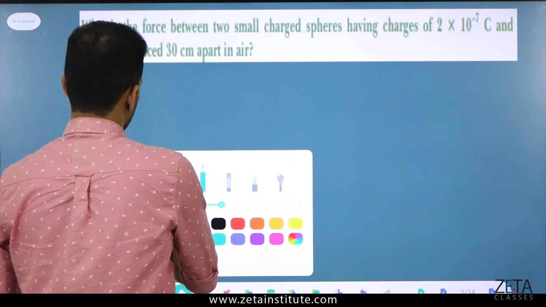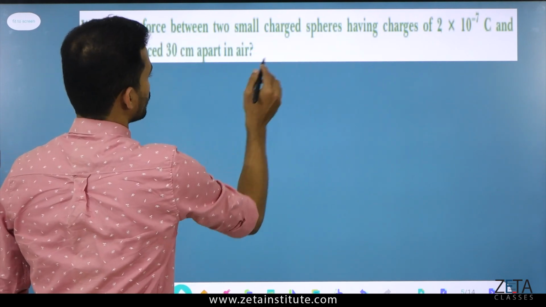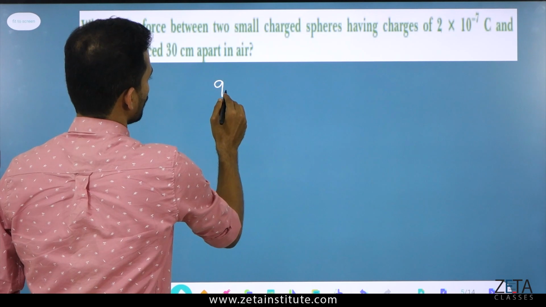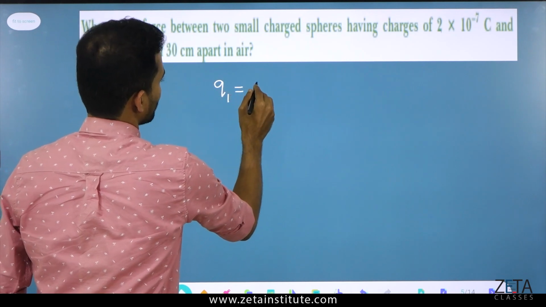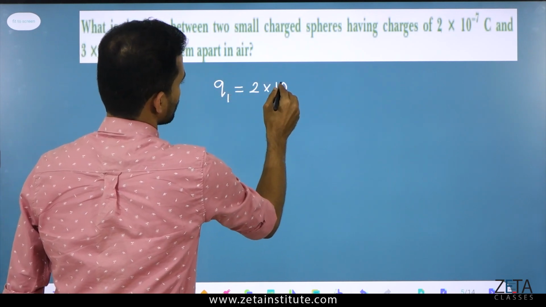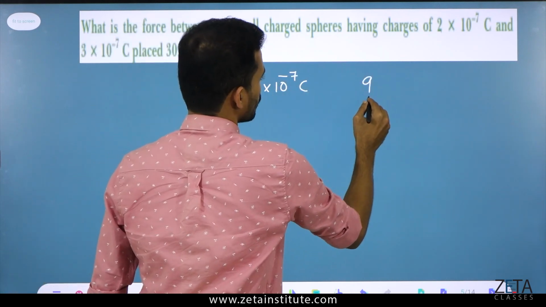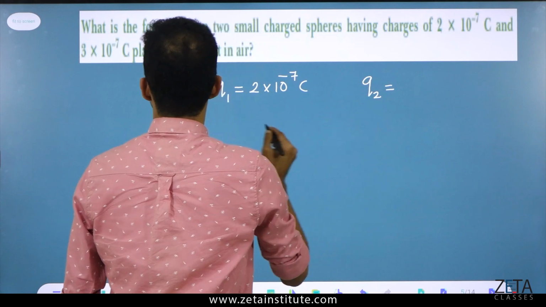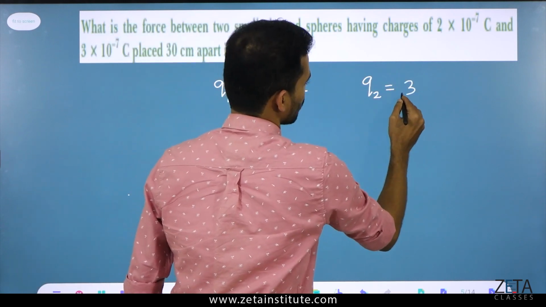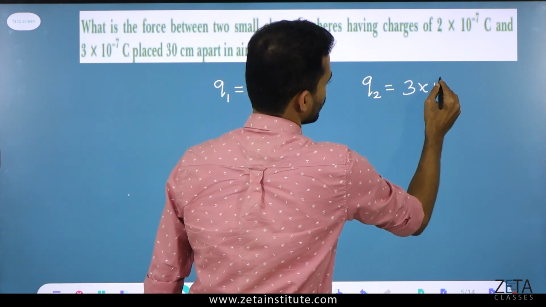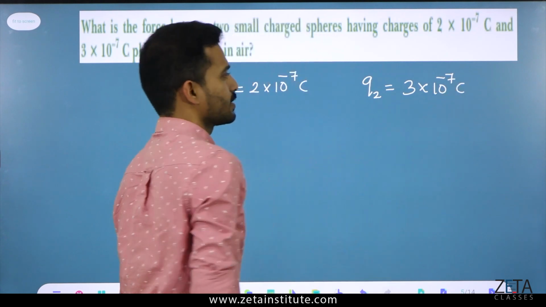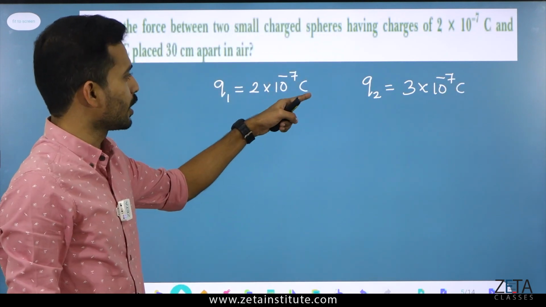So, we have the two charges. One is Q1. What is the value of Q1? That is 2 into 10 raised to minus 7 Coulomb.